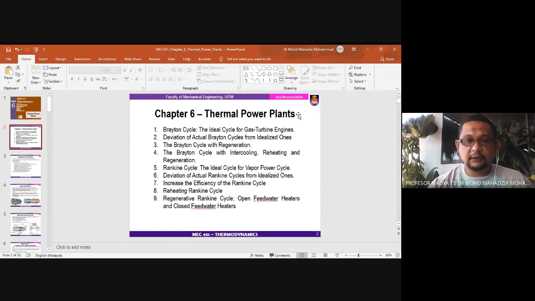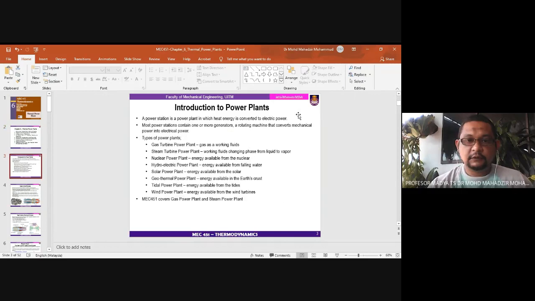Okay, actually, when we talk about power plant, what does it mean, the power plant? Actually, the power plant station is a power plant in which heat energy is converted to electrical power.